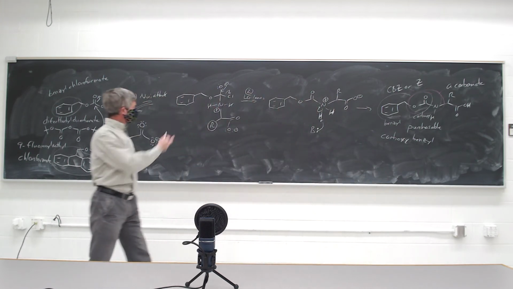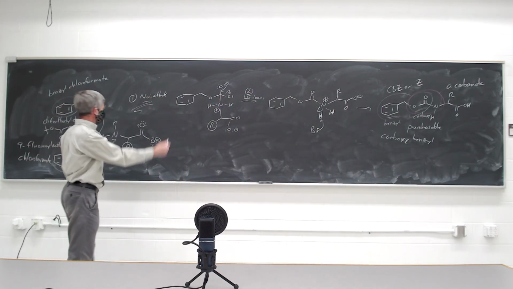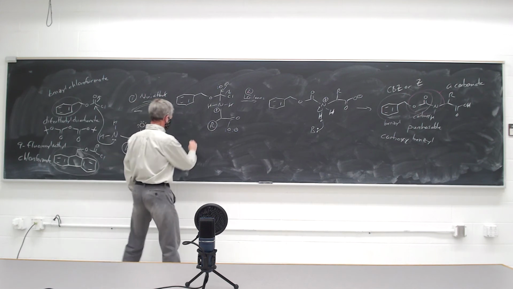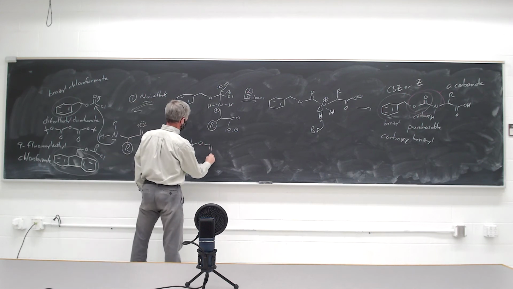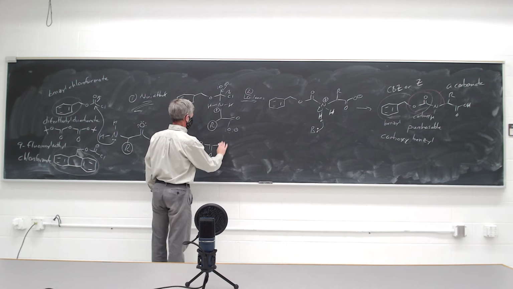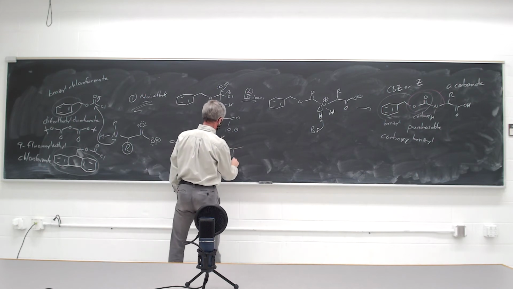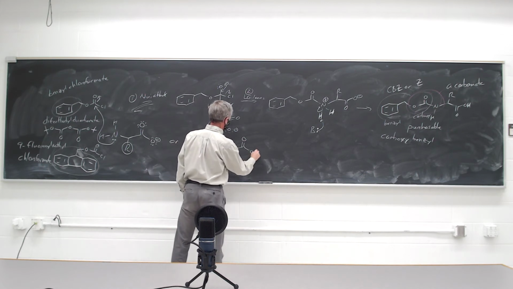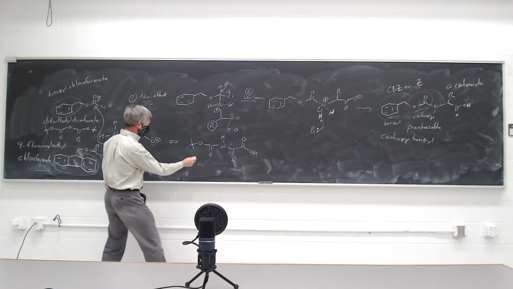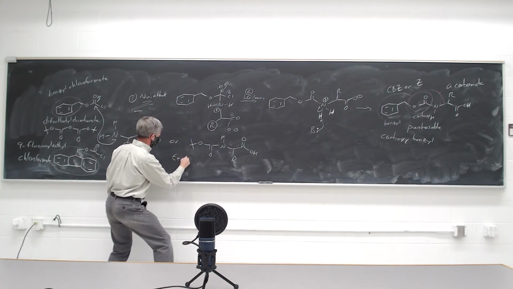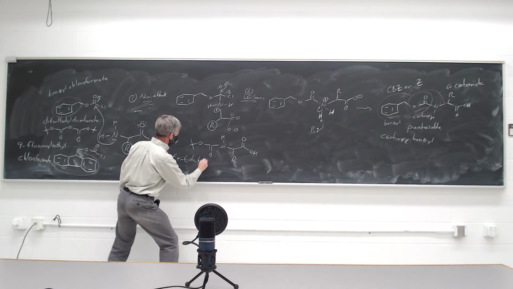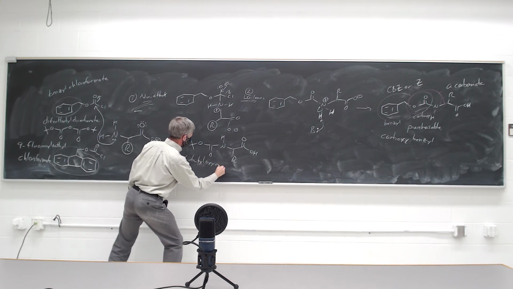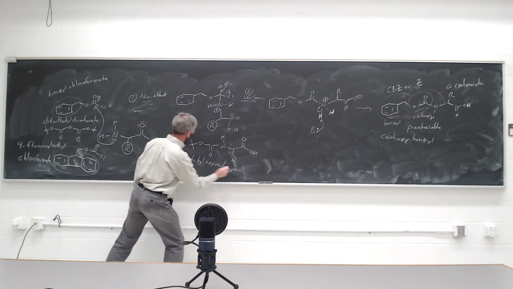So you can protect your amino acid as either a CBZ group or alternatively a t-butyloxycarbonyl, which is abbreviated BOC.